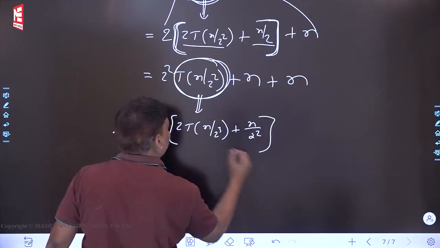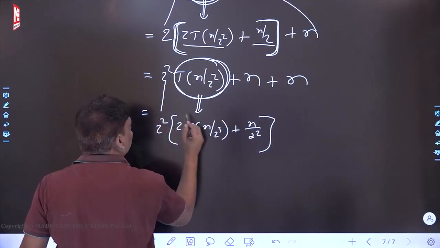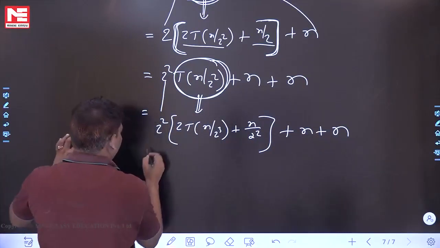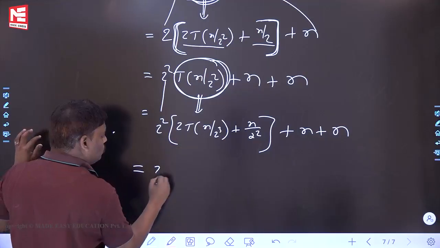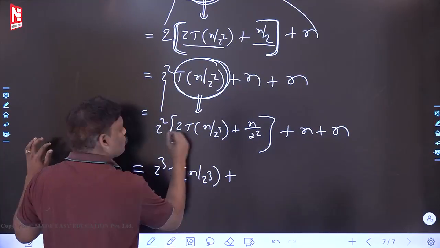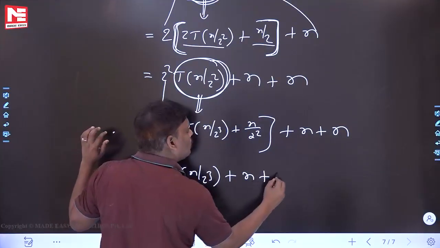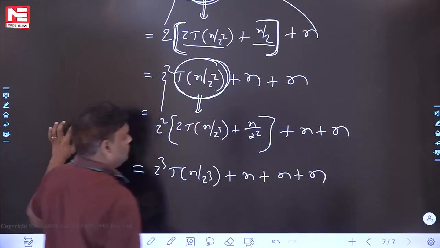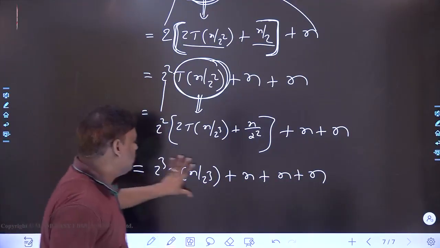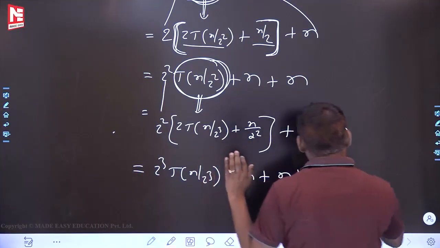So this is multiplied by whatever is here, 2 square. Outside whatever is there, write as it is. Now simplify. 2 square into 2, 2 cube T(n by 2 cube), plus 2 square into n by 2 square. Outside 2 n's are there, outside 2n. It is the third step. After the third step is over, this is the answer.